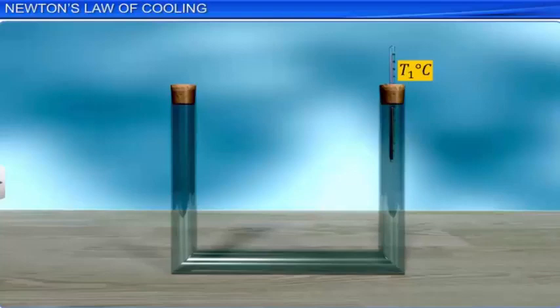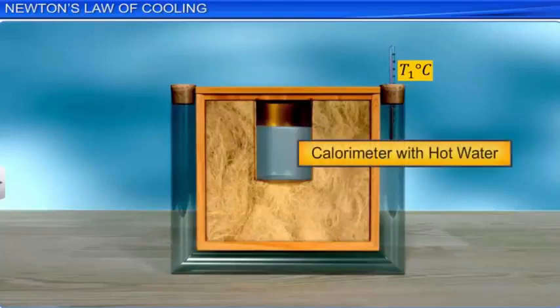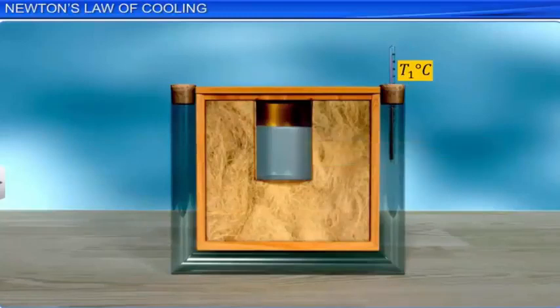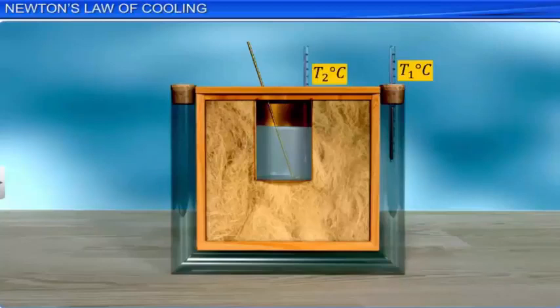A copper calorimeter with hot water is placed inside the vessel. Close the mouth of the calorimeter with a 2-holed cork, with a stirrer passing through one hole and a thermometer through the other. Let the reading in this thermometer be T2 degrees Celsius.